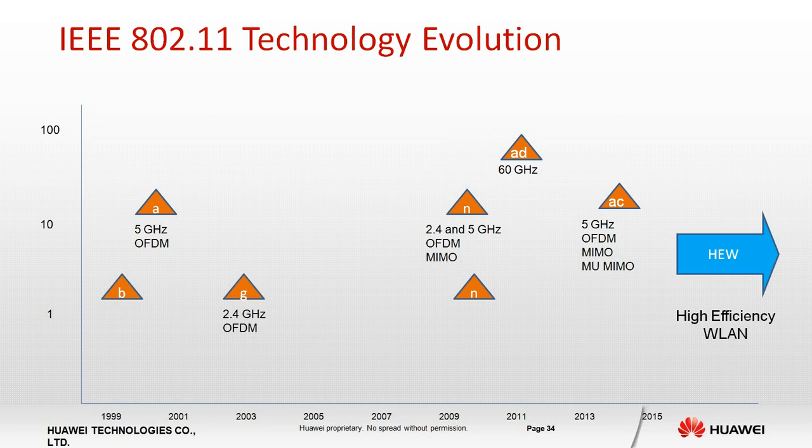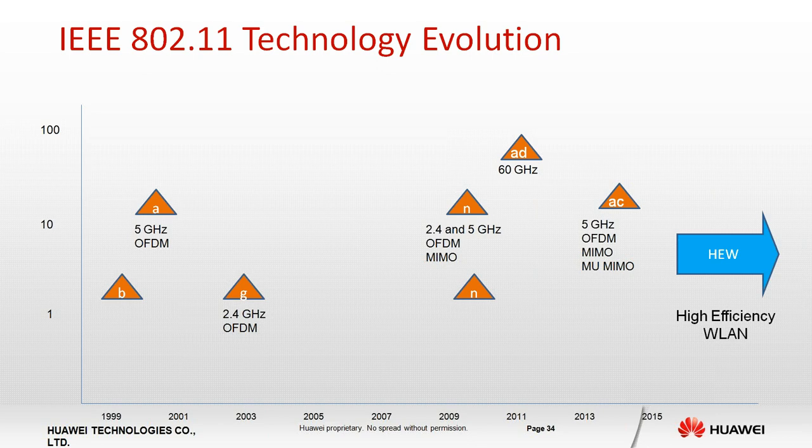The first 802.11 standard was published in 1997. Perhaps the first usable amendment was 11b, published in 1999, which supports data rates from 1 megabit per second up to 11 megabits per second. Shortly after, 11a came along; it operated at 5 gigahertz and incorporated OFDM technology.